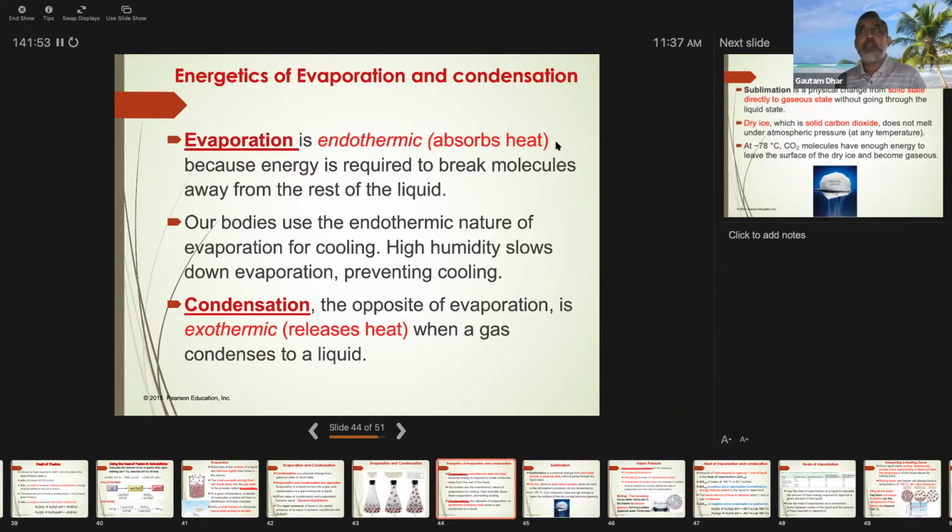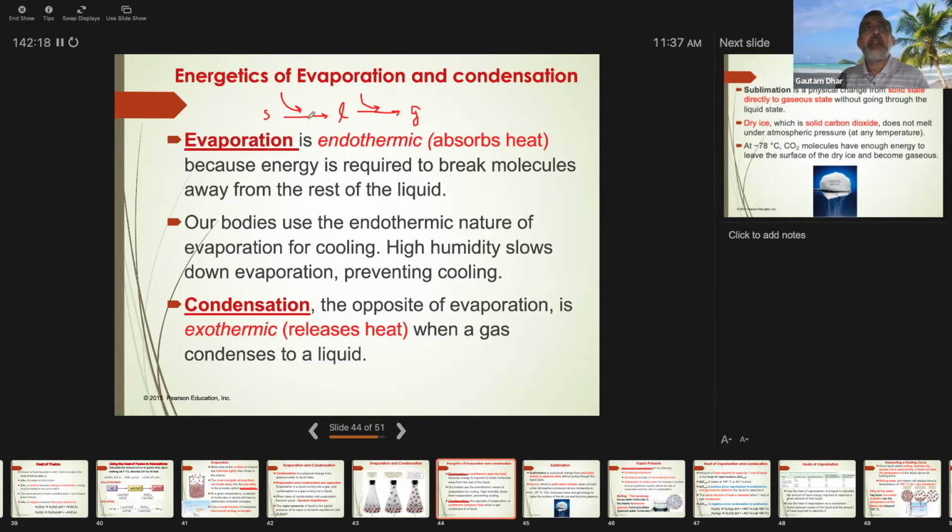So just like freezing and melting, we have solid becoming liquid, and liquid becoming gas. Each of these processes needs heat. You have to heat them, so these are all endothermic.